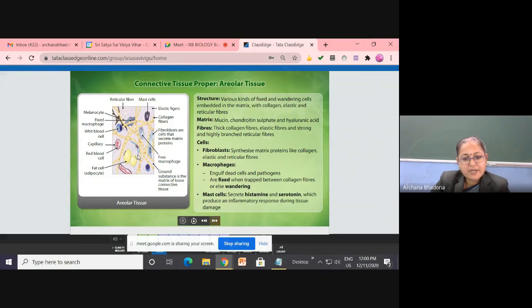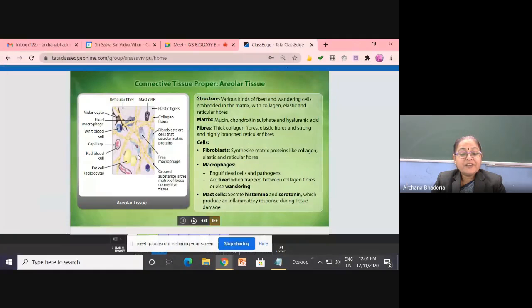So first you write down, it consists of the matrix, which is jelly-like and contains the different types of cells and fibers.